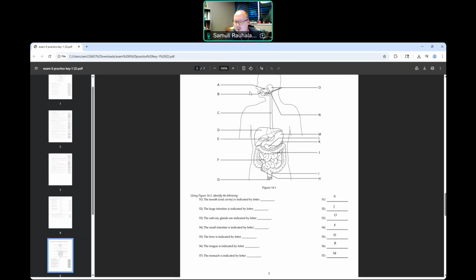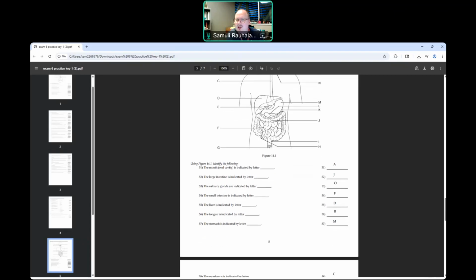We move on to question 53, we see salivary glands indicated by letter O. These were our extrinsic salivary glands: parotid, submandibular, and sublingual.